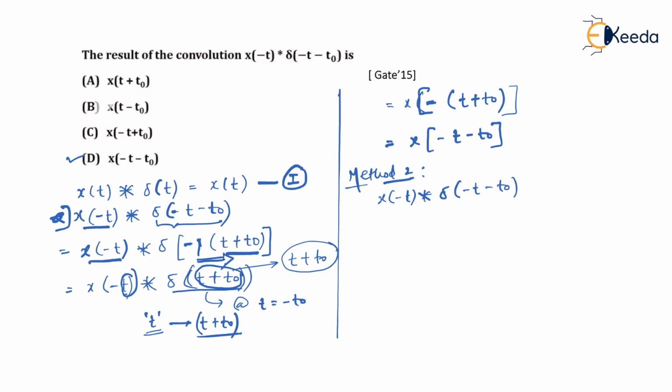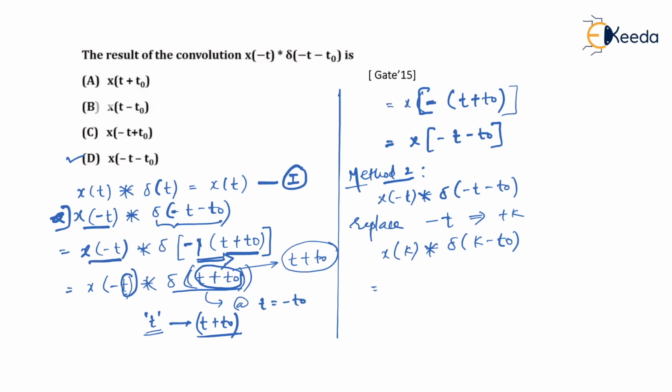So just replace minus t with some other letter, let's say positive k. Because we are not comfortable with negative sign, I'm replacing minus t with k. So wherever there is minus t, just replace with k. So now this will become x of k convolved with del of k minus t naught.